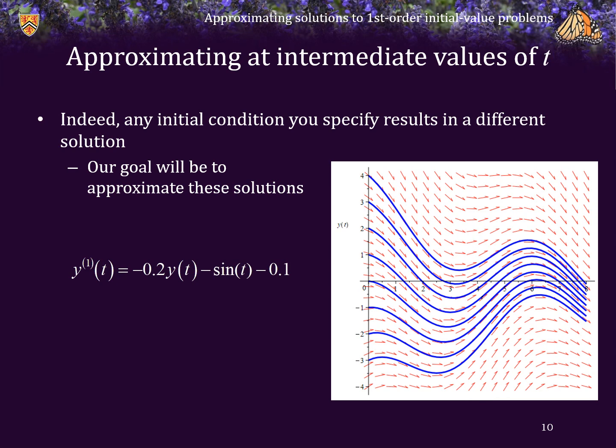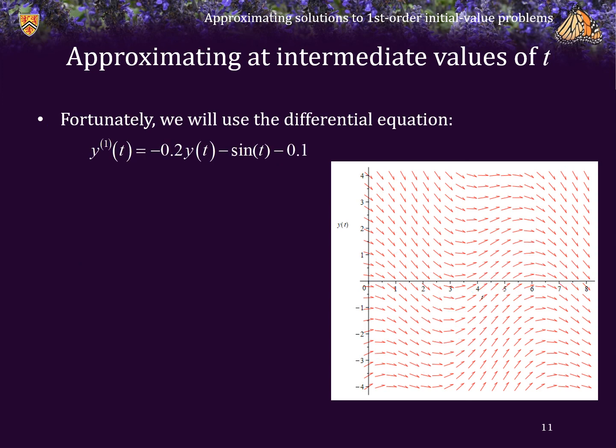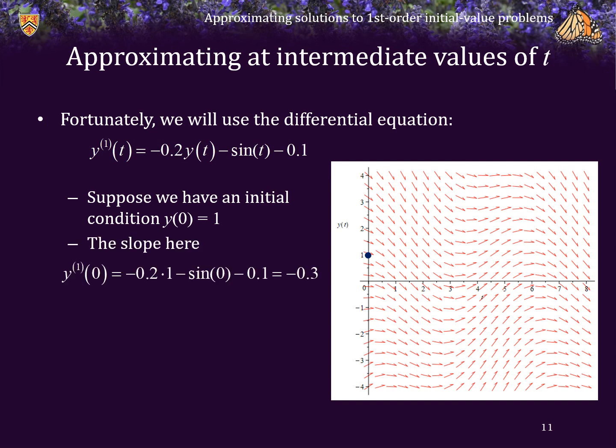So our goal is going to be to approximate these solutions numerically. Fortunately, to approximate these solutions, we will actually use the differential equation we're given. So suppose we have the initial condition y at 0 is equal to 1 as shown here. Well, if we substitute t equals 0 and y at t equaling 1 into that differential equation, we get that the slope at 0 is negative 0.3.